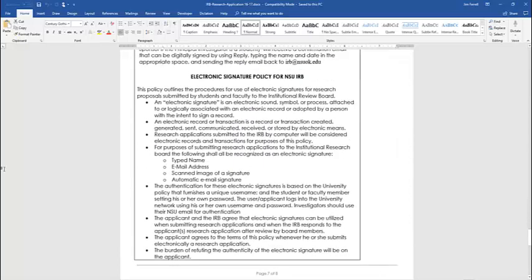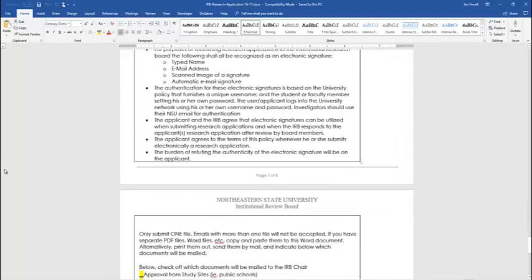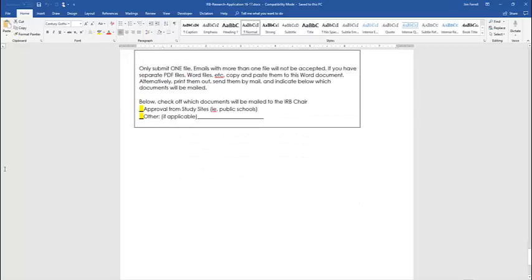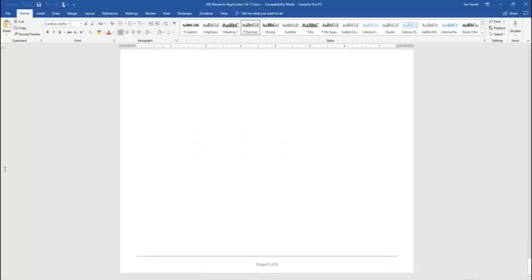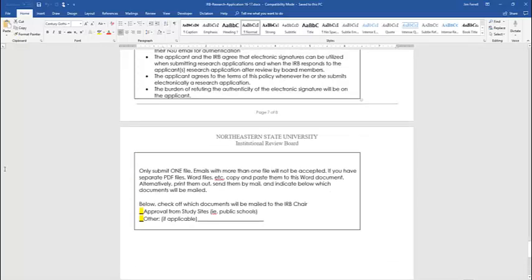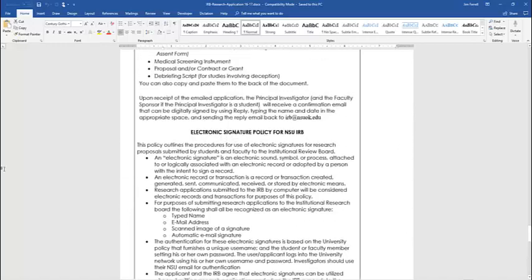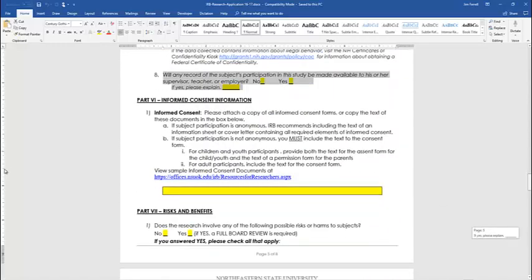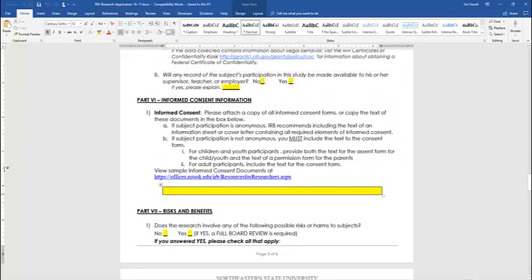So the rest of this is just talking about policy at NSU, and it's explaining that only one document will be submitted. It's not uncommon for, such as in Part 6, where the informed consent is here, this will sometimes format weirdly, and so they'll just attach it as an attachment at the end.